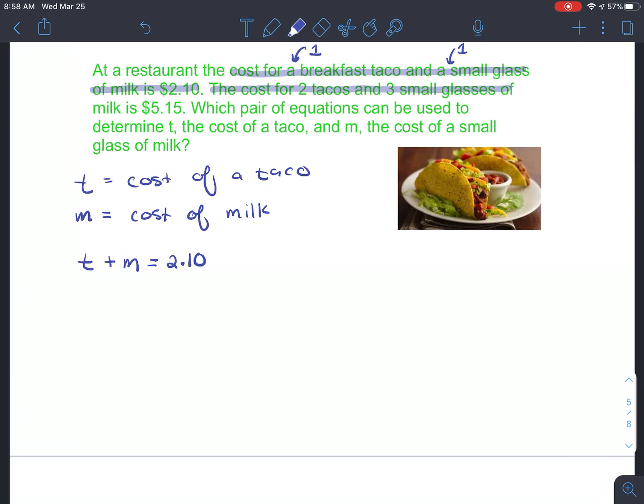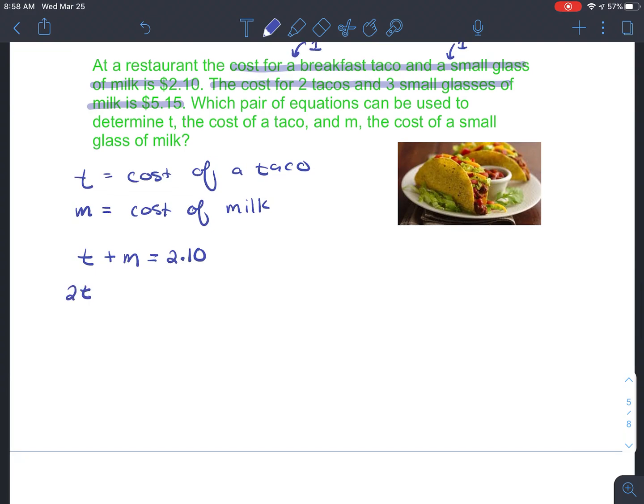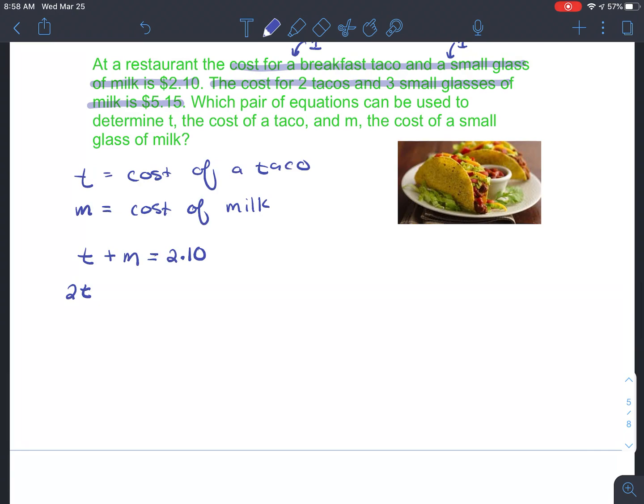The second relationship that we see is that the cost for 2 tacos and 3 small glasses of milk is $5.15. So 2 times the cost of the tacos, plus 3 times the cost of the milk should give me the total cost of my meal.